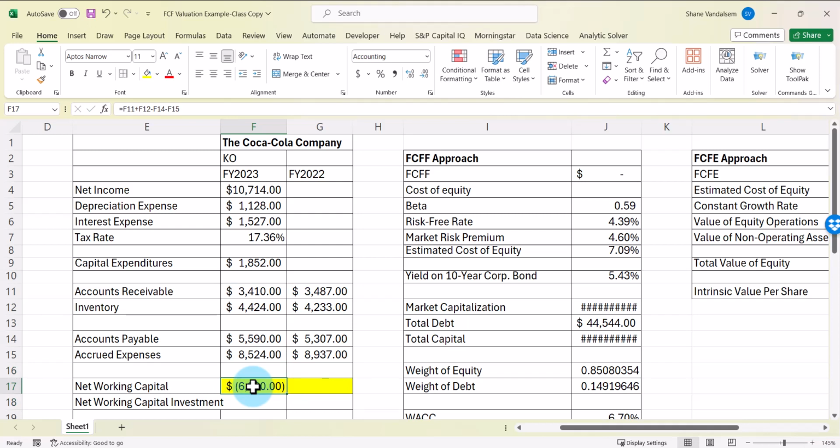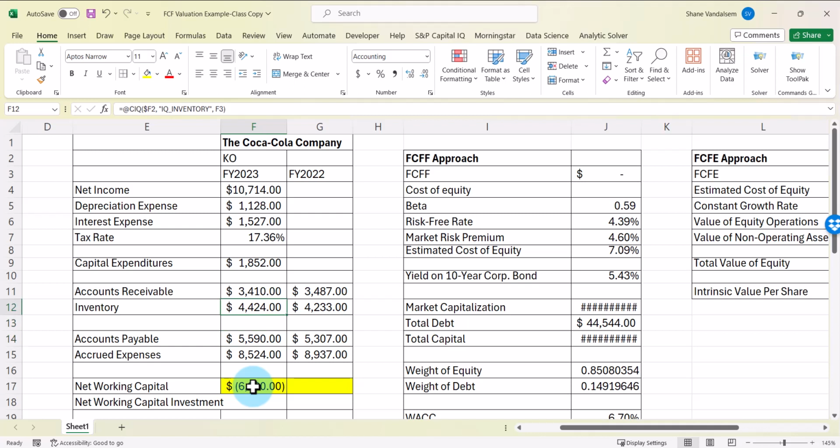They are a mature company. They have gotten very good at managing their receivables and their inventory and their accounts payable. And so what we see here is that the accounts payable represent what they owe their suppliers for their inventory.